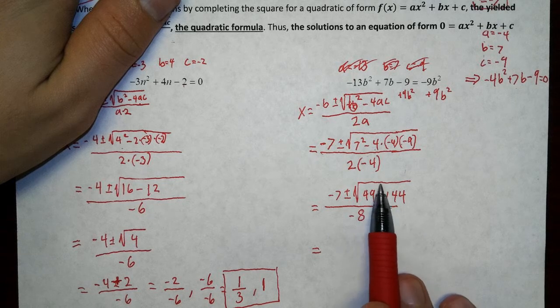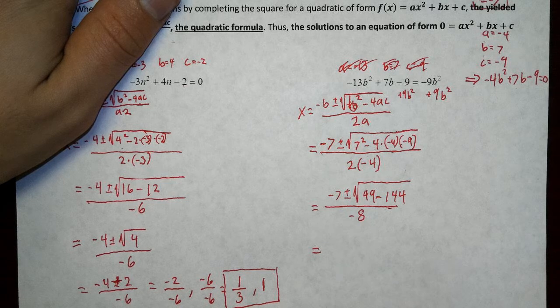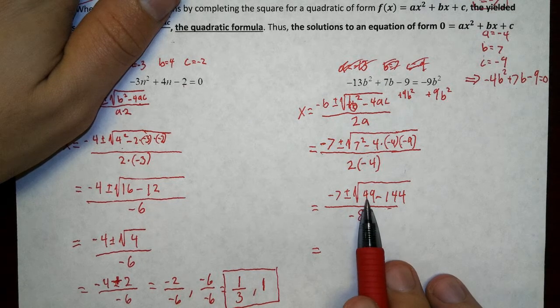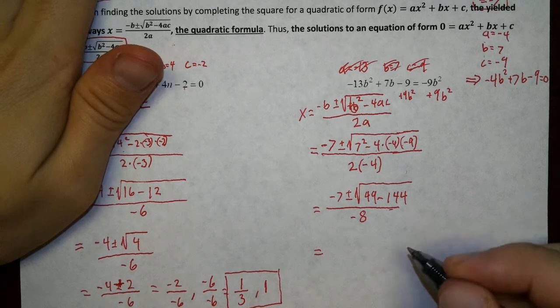Indeed I am. So what's that going to mean? I will have an imaginary number popping out here at some point. So we go ahead and calculate 49 minus 144. And that's just going to be negative 95.